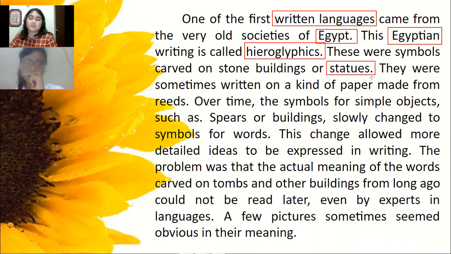They were sometimes written on a kind of paper made from reed. Over time, the symbols for simple objects such as bears or buildings slowly changed to symbols for words. This change allowed more detailed ideas to be expressed in writing.